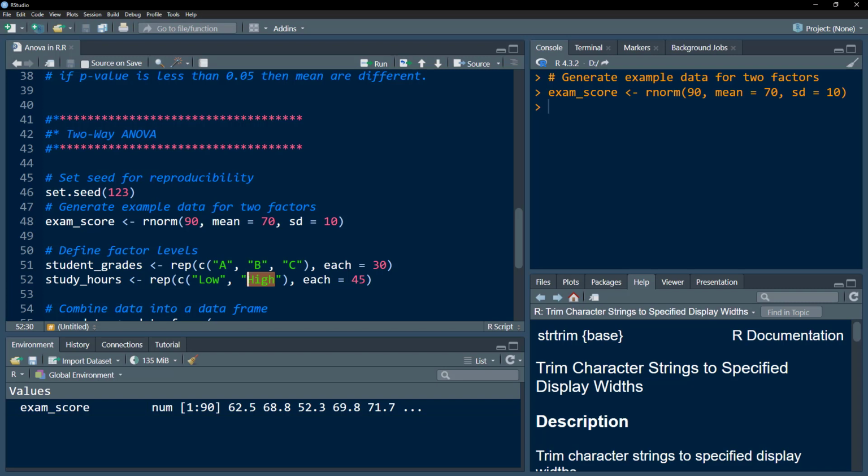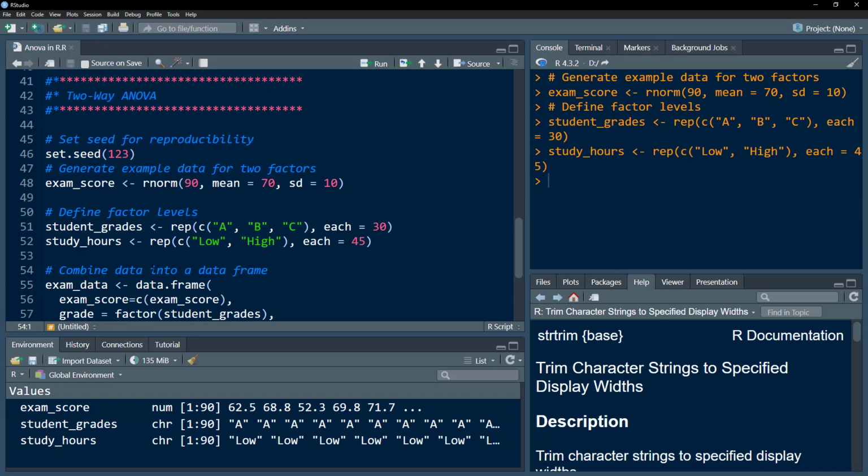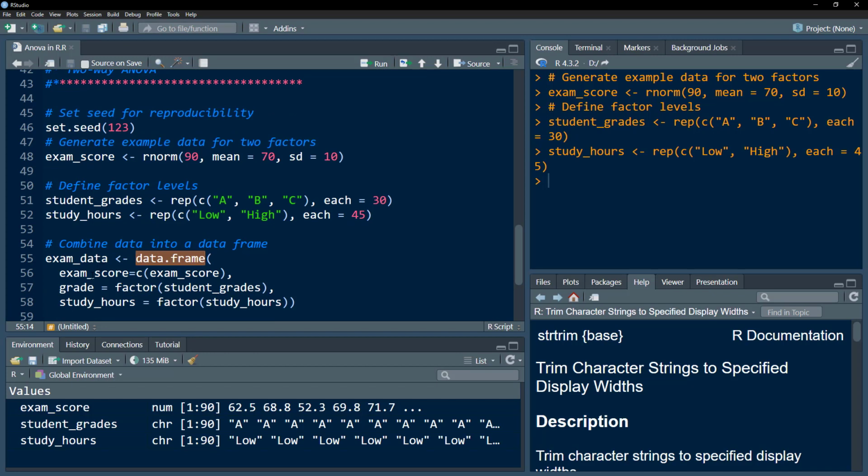So their mean would be different for these different categories. So let's generate this categorical data and let's create a data frame that would contain three columns: the exam score that is coming from here, the grades, and the study hours that are coming from here. We have used the factor function so that R can know that these are factors rather than characters.